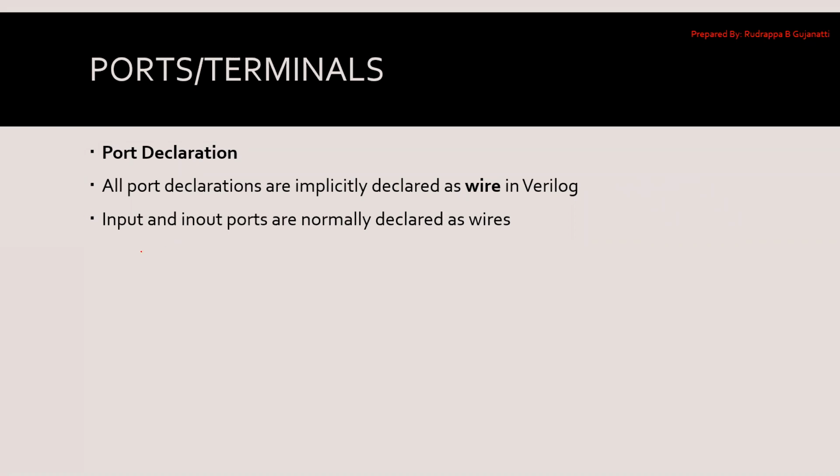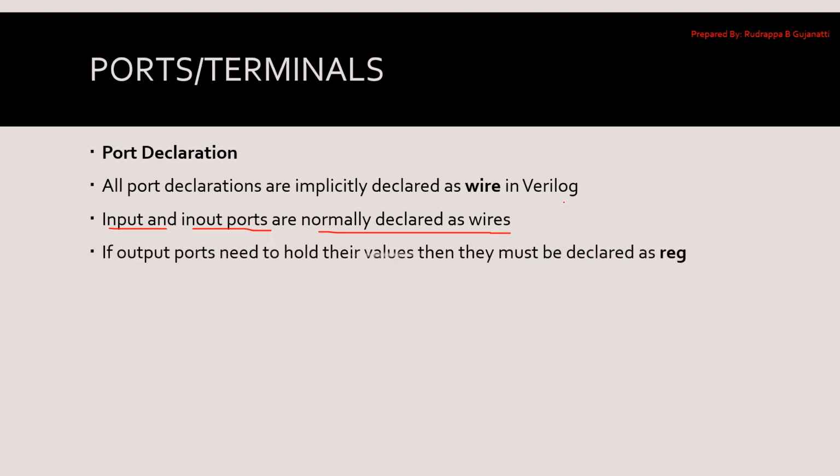If I make a few more observations, input and in-out ports are normally declared as wires. But what about the output ports? Sometimes output ports have to hold the value. Say, for example, you have a memory element, where Q is there, and I have inputs like T and the clock. Based on the T value and the clock value, Q should hold its value for the entire duration of one cycle of the clock.